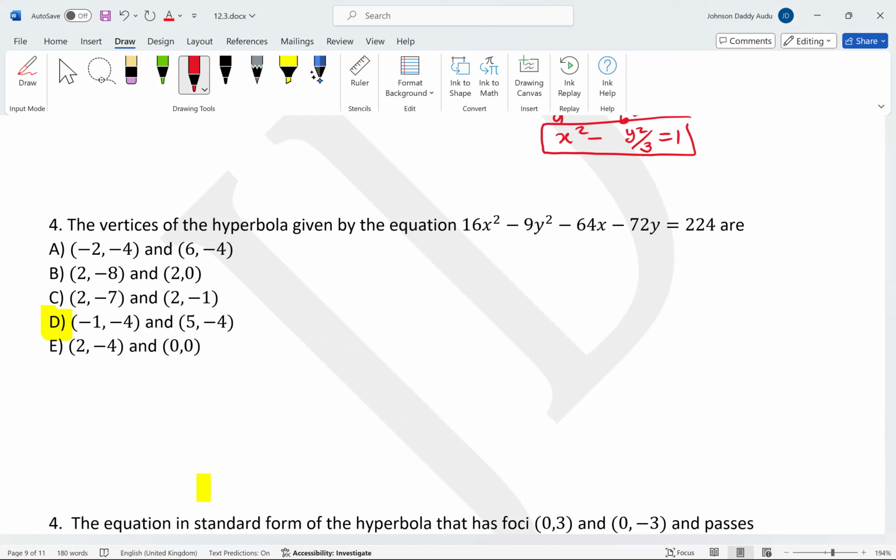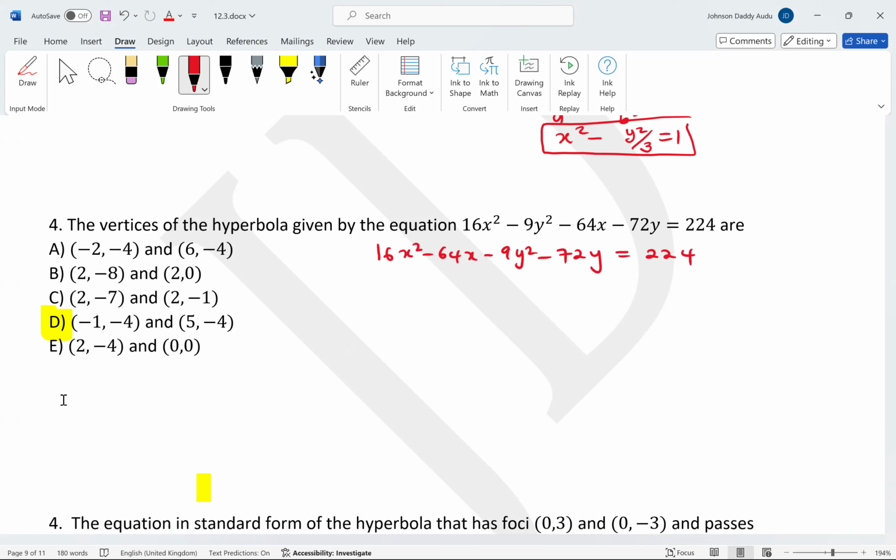So this is going to be 16x squared minus 64x minus 9y squared minus 72y, everything is 224. Right. So we have this one.